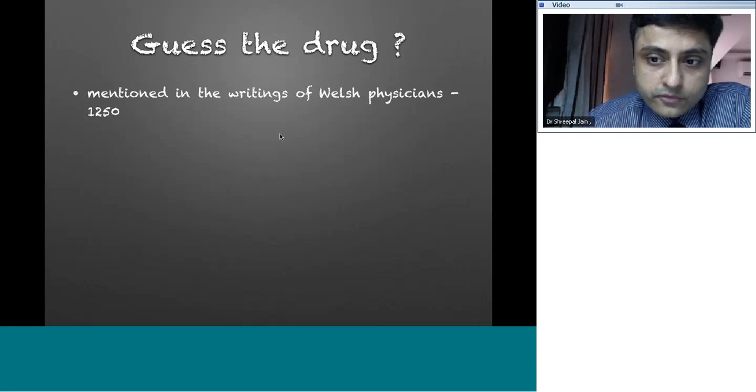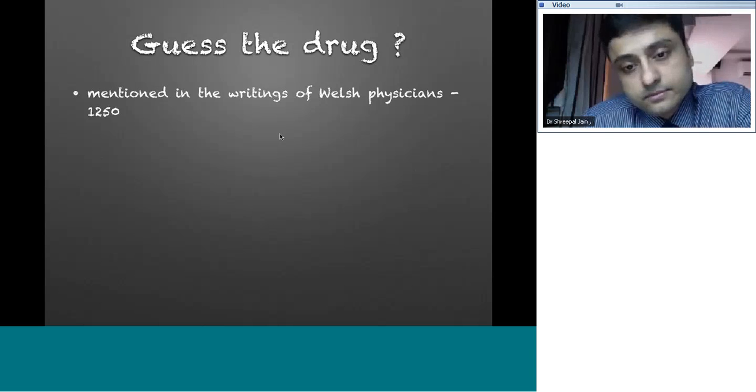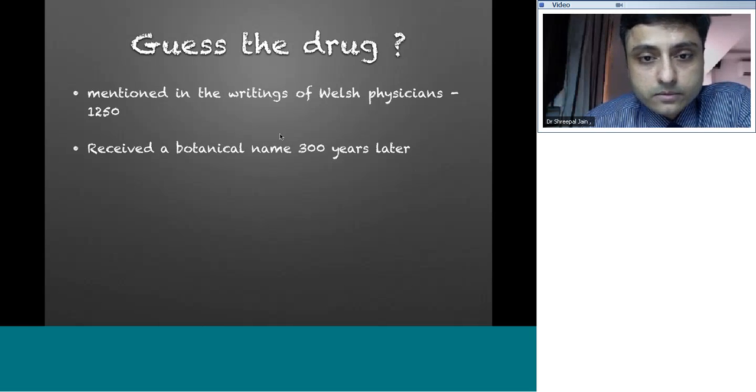Which drug are we talking about? That's the flower or the plant from which the drug has been extracted. This flower is named foxglove. Anybody? Which drug are we talking about?